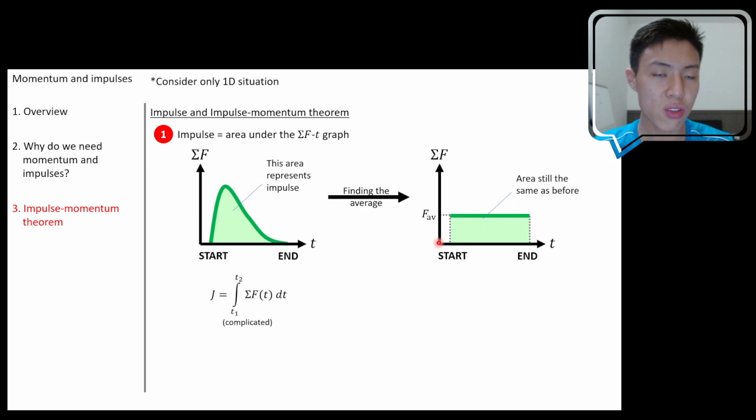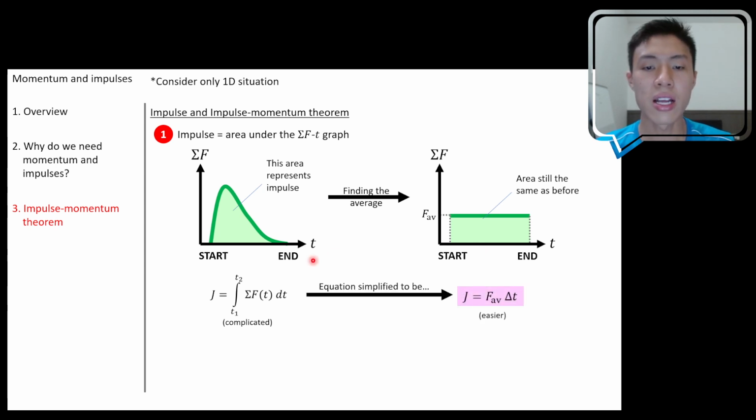So if we change it to a rectangle, now this is a very easy area to be found. The area is just the length multiplied by the width, and since we know the length to be equal to the average force and the width to be equal to the duration, now the equation can be simplified from a complicated integration to just the average force multiplied by the duration delta t.